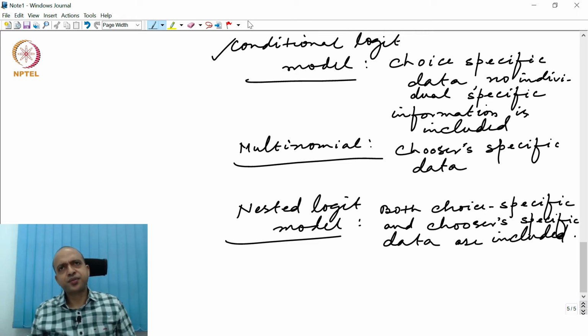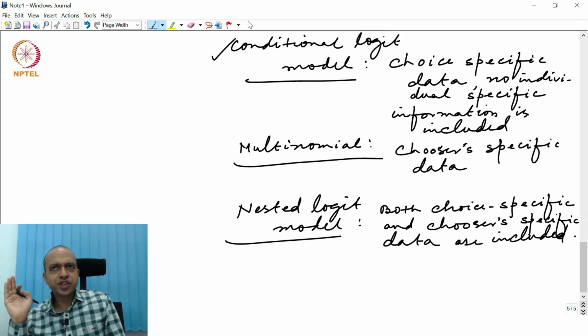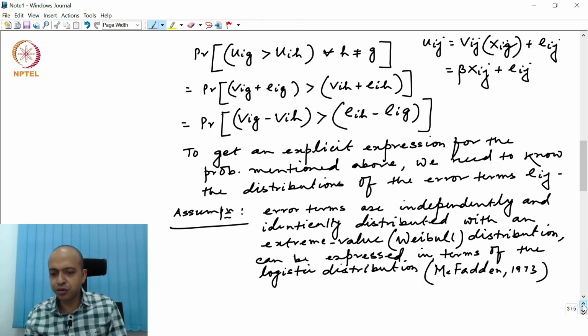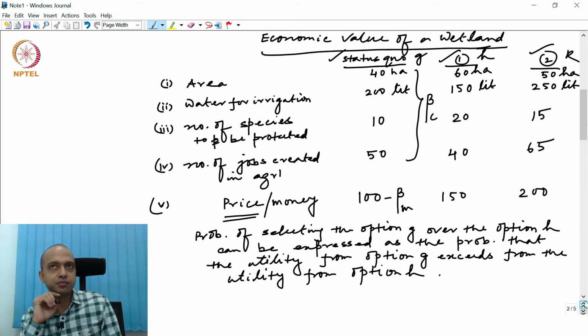Now the question is, we started our discussion saying that choice experiment was initially designed to overcome the major problems of contingent valuation method. The question is now then, how the choice experiment is able to overcome the problem.